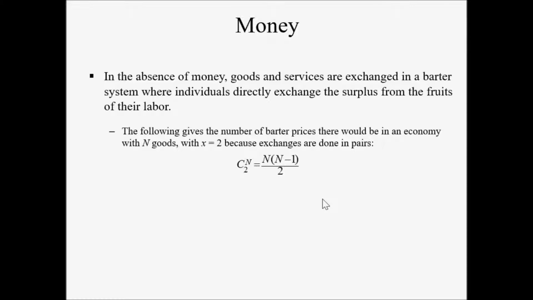So the way that works is there has to be a price for the exchange of TVs for laptops, or TVs and potatoes, TVs and coffee. For the laptop, I've already mentioned the TV to laptop price, so we don't count it.